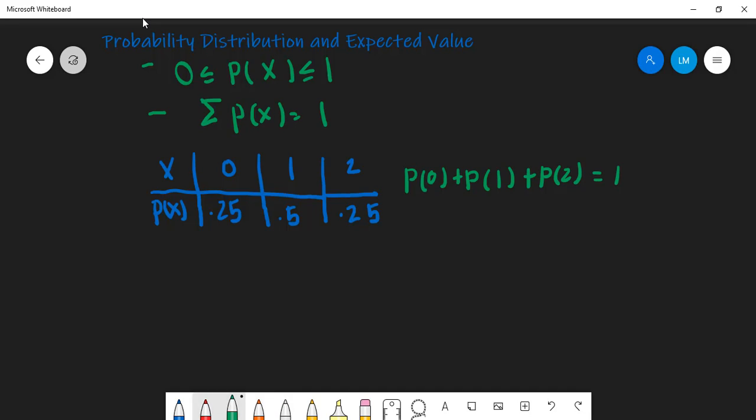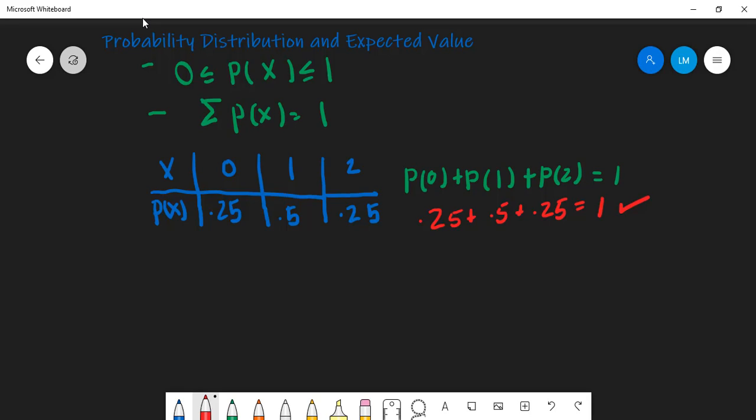We can check that by saying 0.25 plus 0.25 plus a half, and yes, this does equal 1. So it does represent a probability distribution.